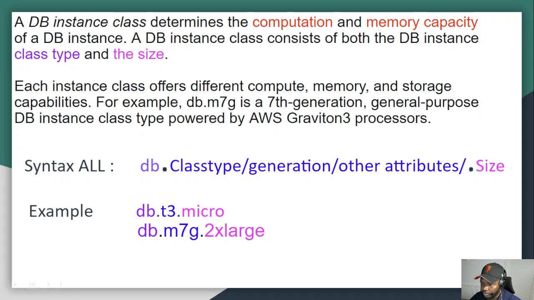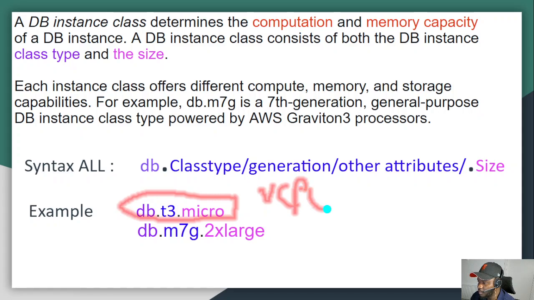Okay, so guys, when you select your RDS instance class, what happens? This RDS instance class is going to give you a certain number of vCPUs, okay? It will give you a certain capacity for your memory, right?